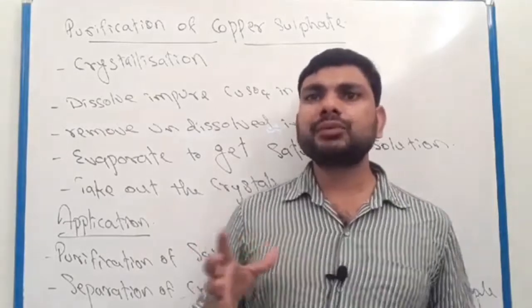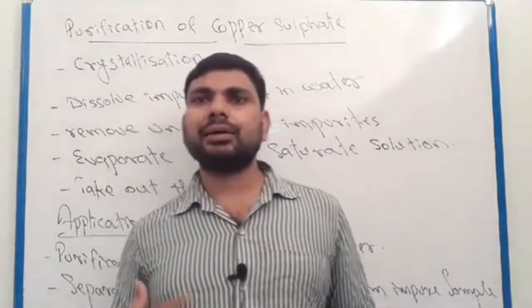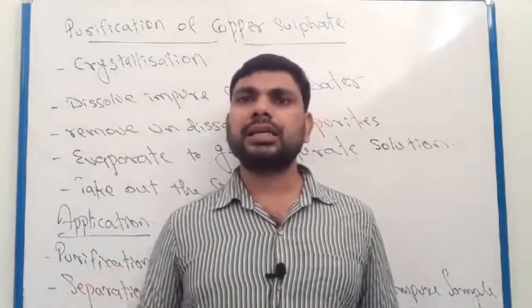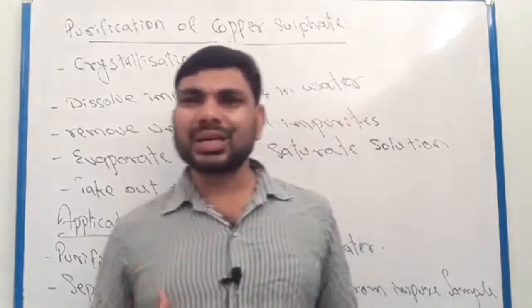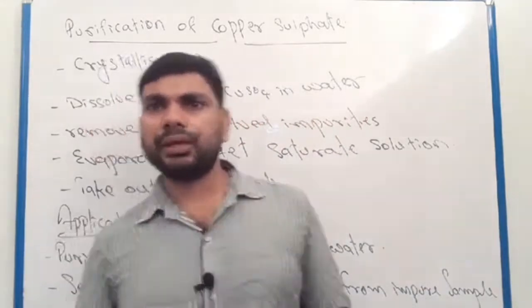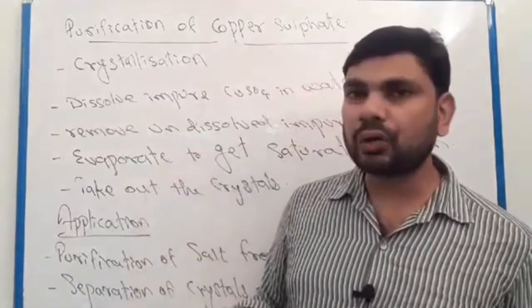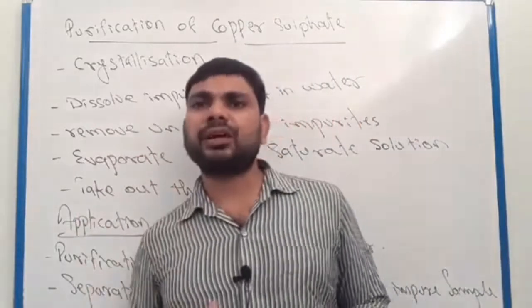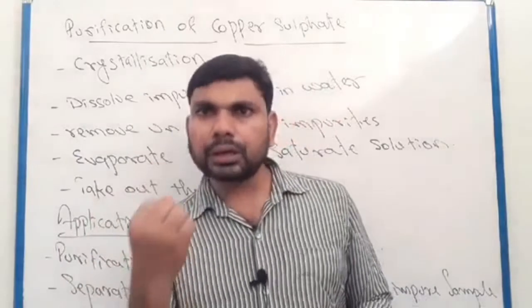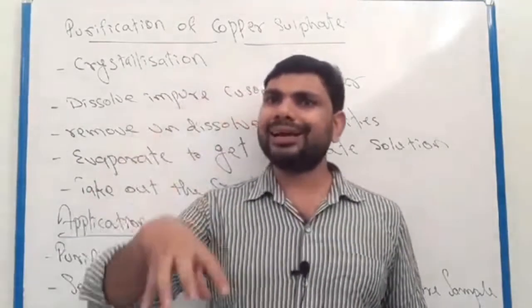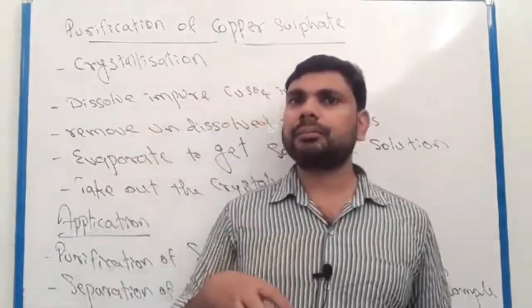Using this video you can understand the crystallization method. Here are the different steps for crystallization. We have impure copper sulfate. Take this impure copper sulfate, add it into water and shake well.